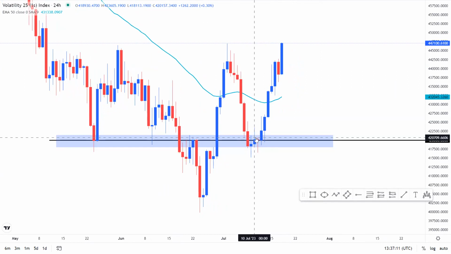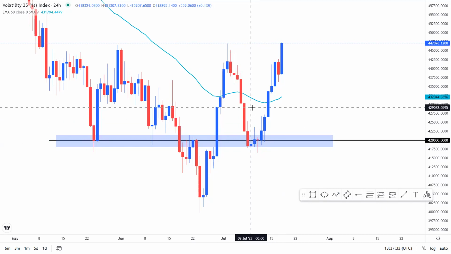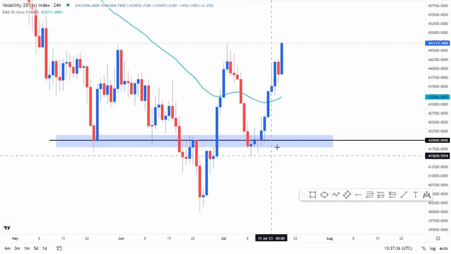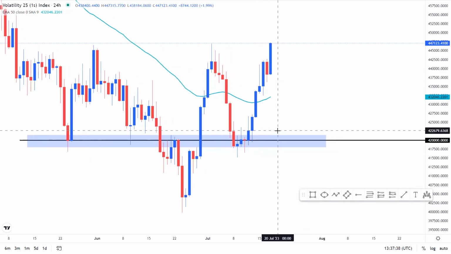Once you have been able to identify an area of interest and then price trades back to it, you want to pay attention to the price action at the retest of your area of interest. As soon as we came into the area of interest, you would notice a shift in the momentum.